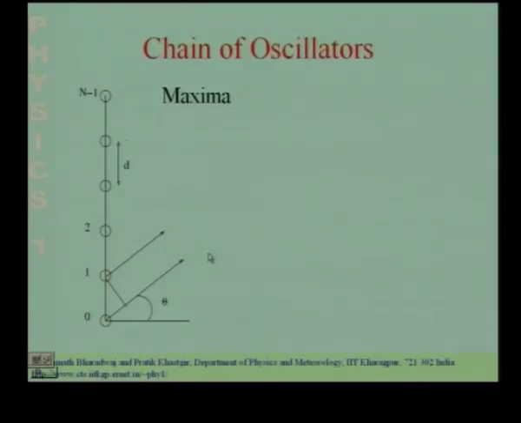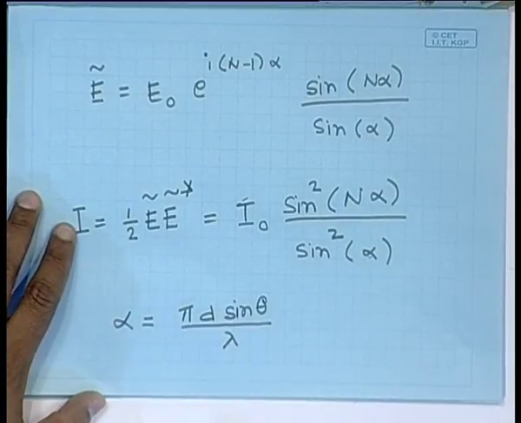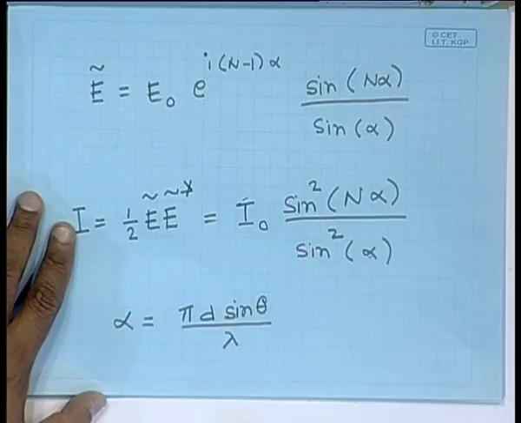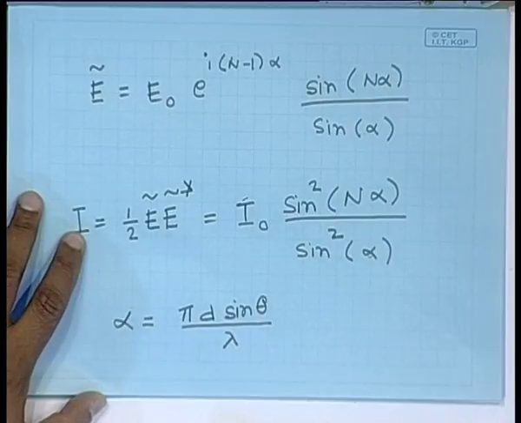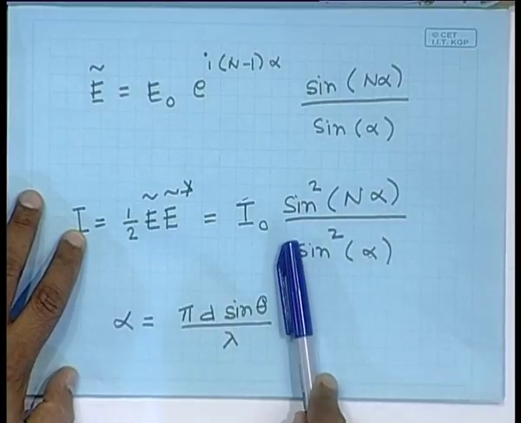And what we find is that the intensity is going to have maximum value whenever the denominator becomes 0.